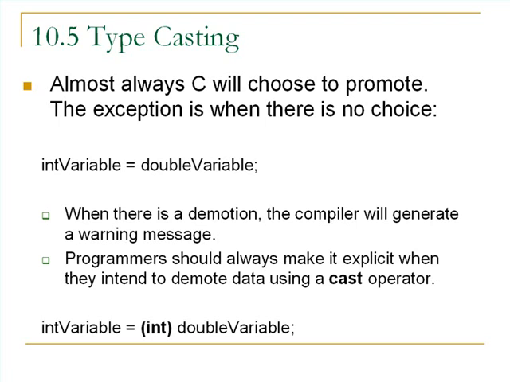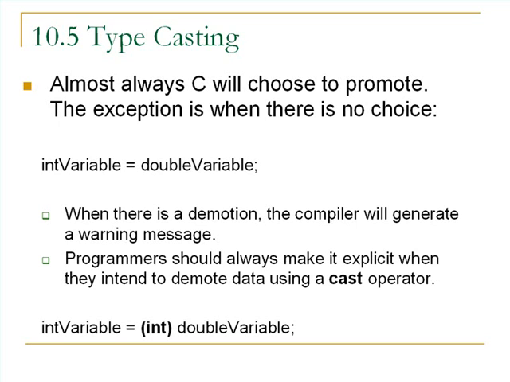So we put the data type inside of parentheses, and what's on the right of it will be evaluated as that data type. So this statement, int variable gets int double variable, is saying I want to take the integer part of the double variable and then use that in the rest of the statement.